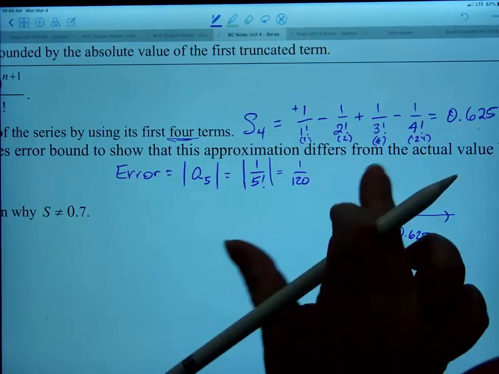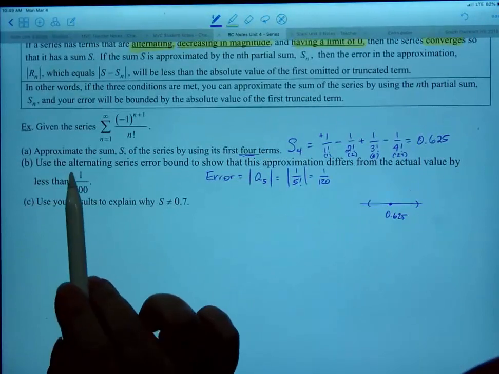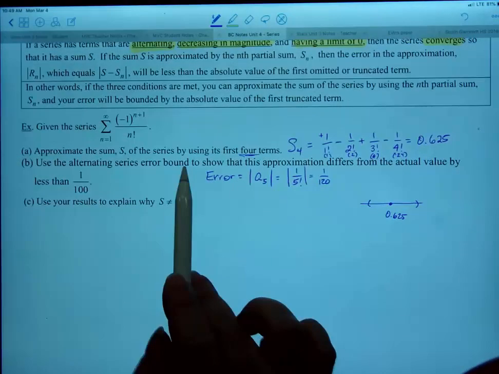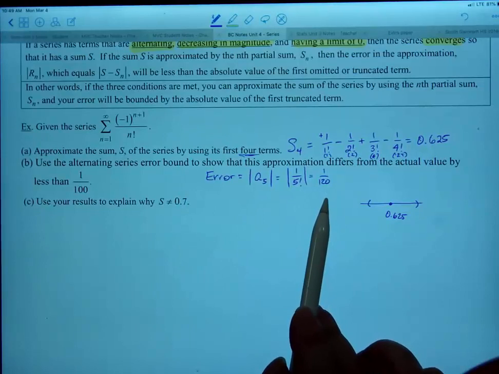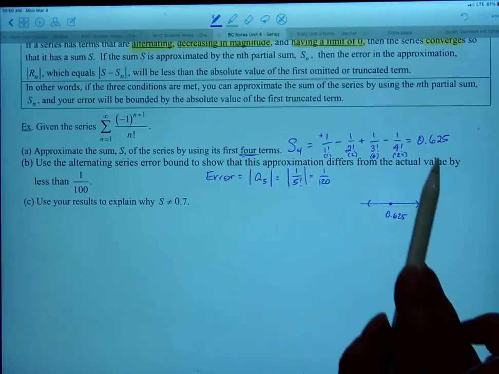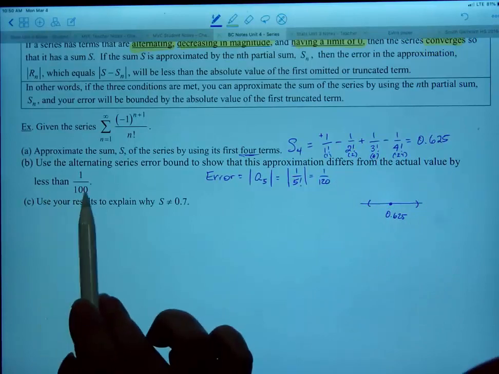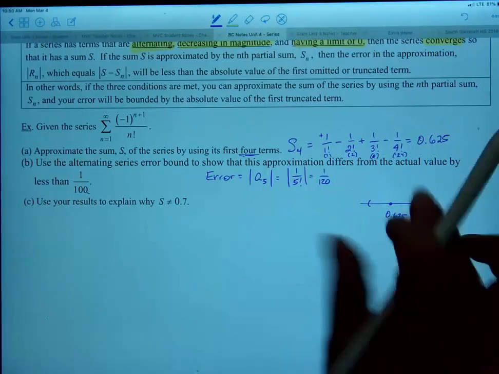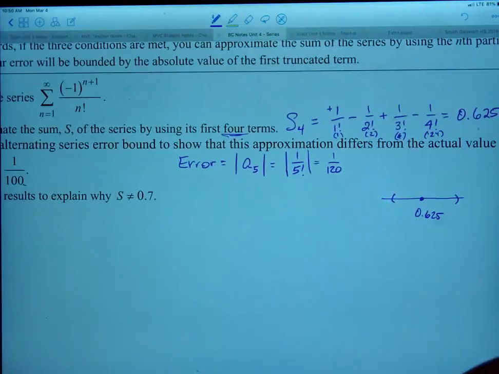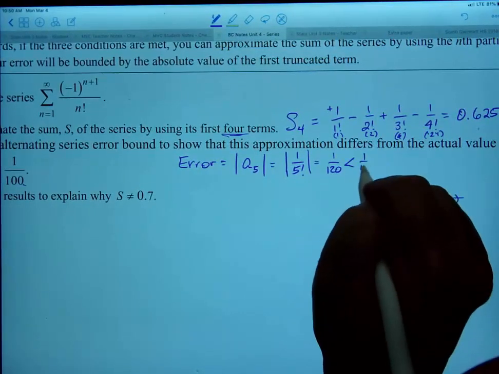Now take a look at what the question said. Use the alternating series error bound, that's it right there, 1 over 120, to show that the approximation differs from the actual value by less than 1 over 100. Is my fraction that I just got less than 1 over 100? Yes. So all you have to write is less than 1 over 100, and you're done.